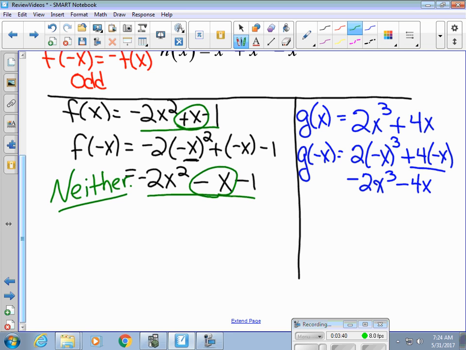So if I compare my 2x to the third, I have a negative 2x to the third. That's opposite. I have a positive 4x, but a negative 4x. Each term in my second function is completely different. So what we have is a negative x goes into my function, and I have a completely opposite function. So this particular one is odd. It's an oddball. Okay? So that's the second one.